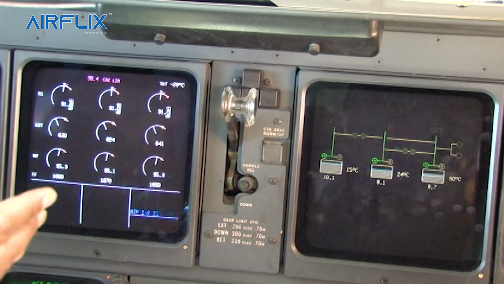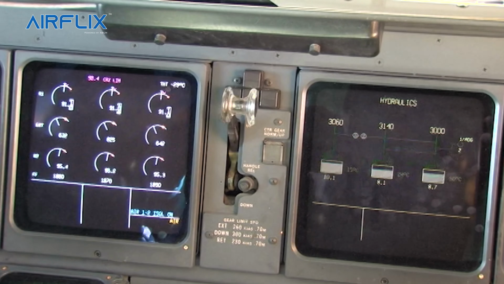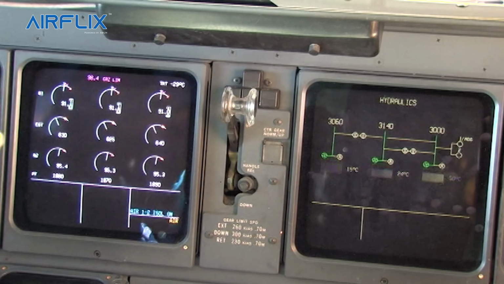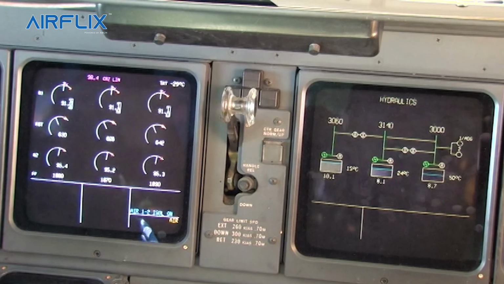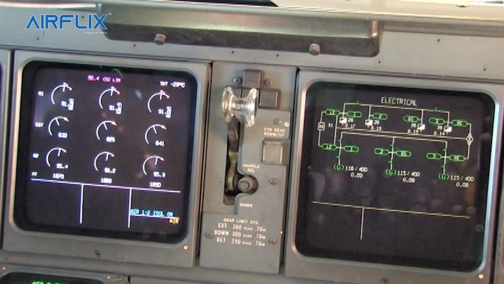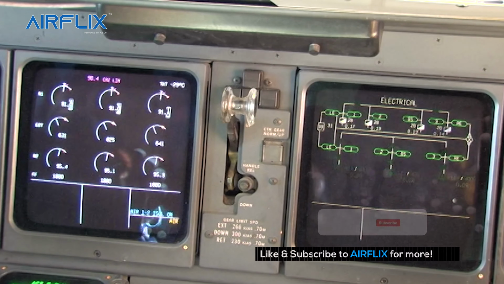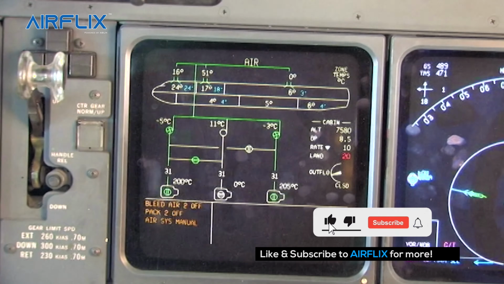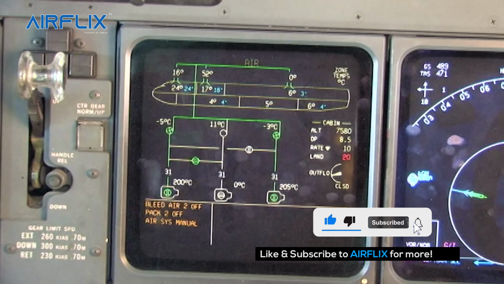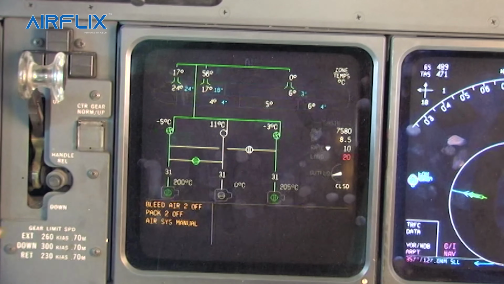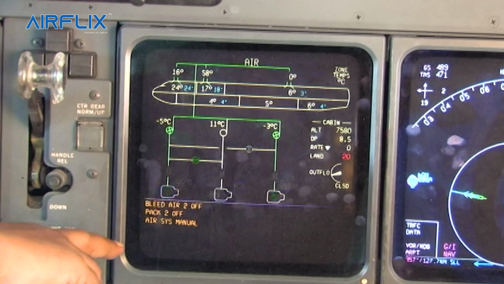We have the hydraulic system, it tells us the quantity, whether the pumps are working normally, the pressure, and so on. We have the electrical system, it shows us schematically how things are going. We have the air system. Right now we have turned one off. One of the 3 air systems is off.